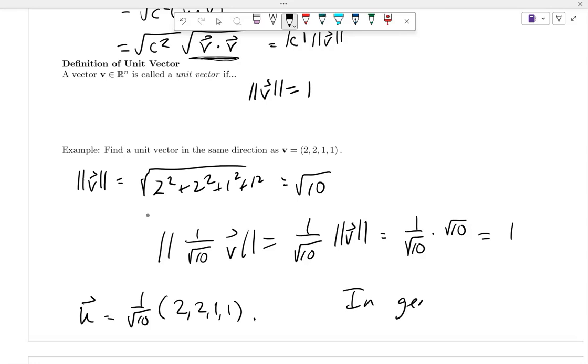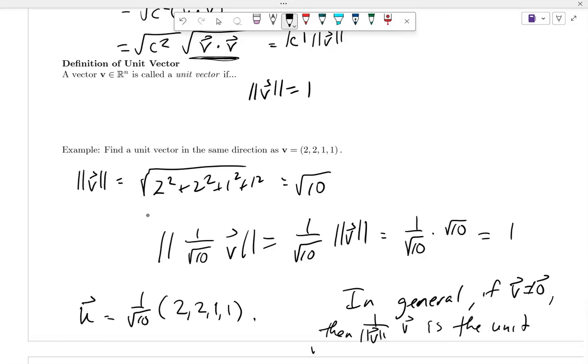And like I said, I've heard a couple of people already mention this. In general, if v is not the 0 vector, then 1 over the magnitude of v times v is the unit vector in the same direction as v.